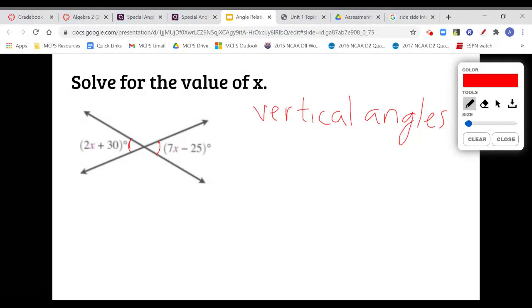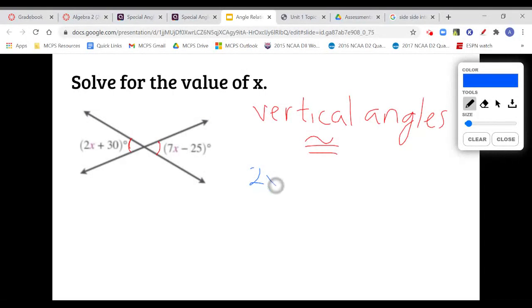And when it comes to vertical angles, I know that they are always going to be congruent to each other. And I'm going to abbreviate that with just a symbol. And I know that congruent means that they are the same as each other, or in other words, that they are equal to each other. Okay, the measures are the same. So if both of these angles have the same measure, that means that if I have an equation for each of them, and they have to be the same, they're going to be equal to each other.